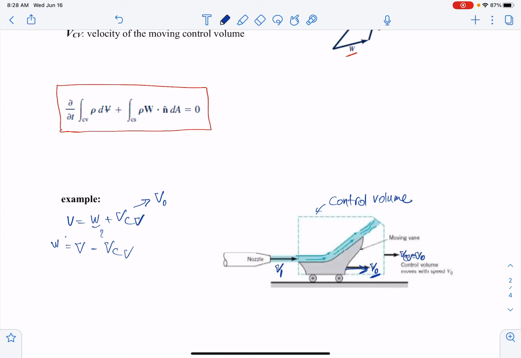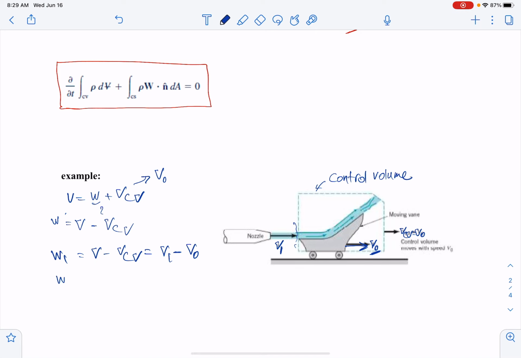So if I want to write down the relative velocity at section 1, W1 is going to be V minus VCV, and in section 1 V is V1 and VCV is the vane velocity, right?